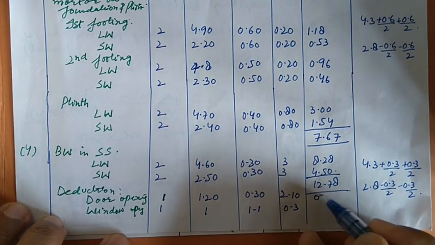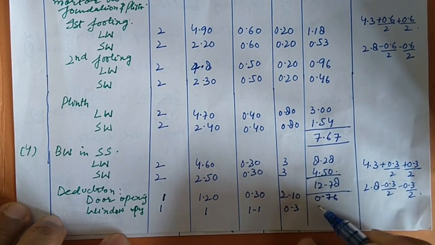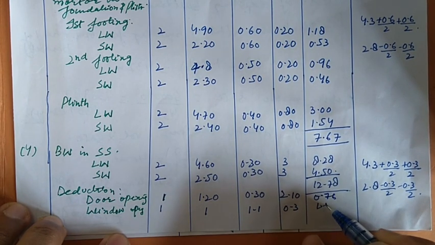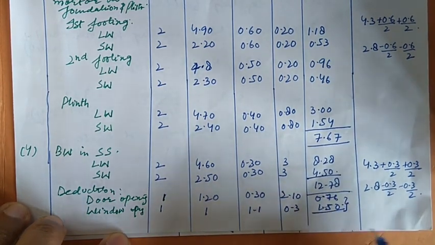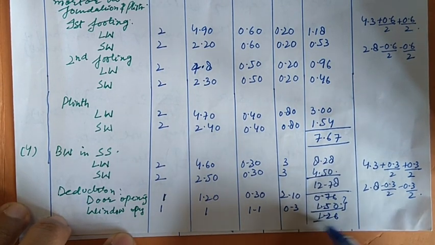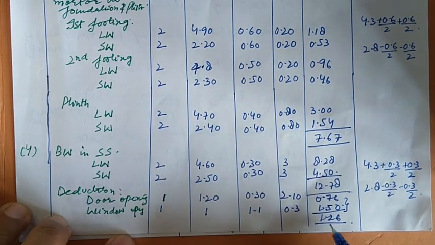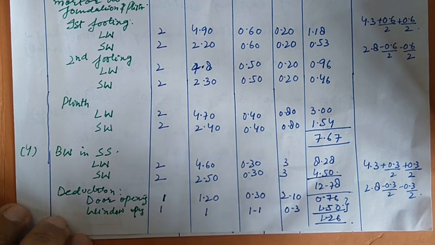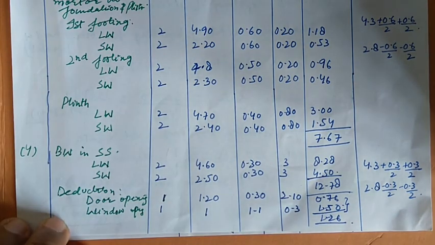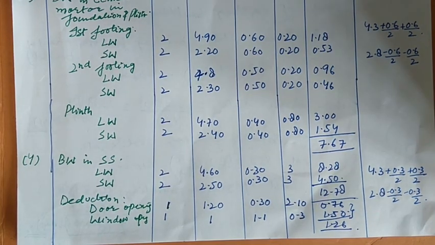So this thing will be 0.76 and this one will be 0.50. So add these two, we get the total of 1.26. Okay, and this 1.26 need to be deducted from this 12.78, and we will get the net brickwork. This is how you calculate the net brickwork in superstructure.